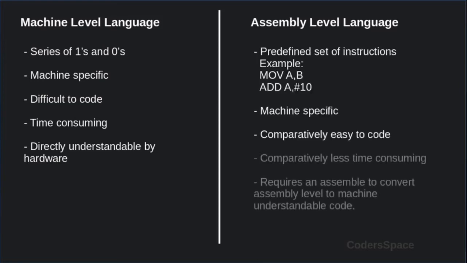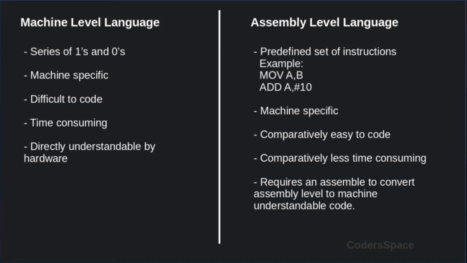Once we write code in machine language, we can directly give it to the hardware. Next is the assembly level language. Assembly level language contains a set of predefined instructions, and the programmer has to make use of those instructions to write the code. If you have worked with microprocessors like 8085 and 8086, or very basic microcontrollers like 8051, you might be aware.